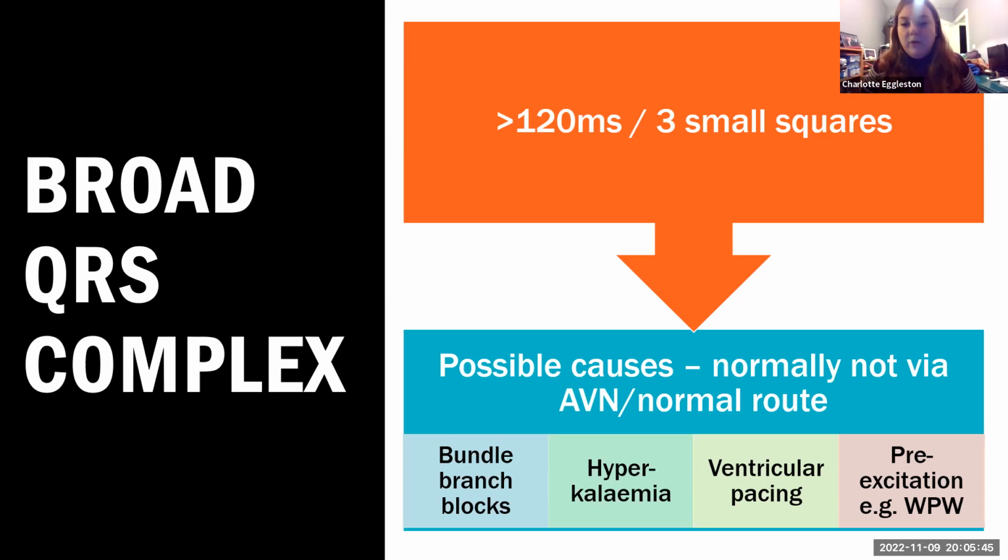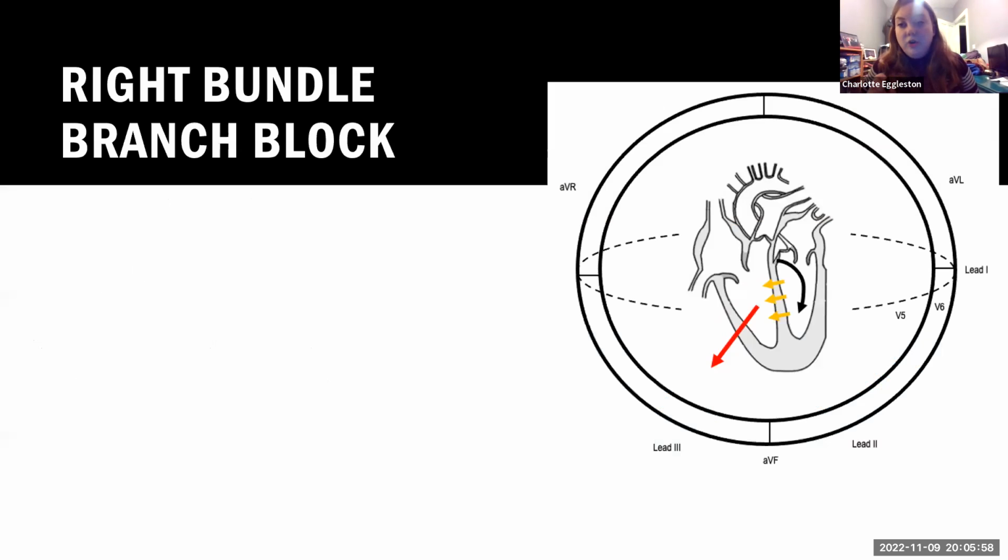We'll cover that again tomorrow. If you have a broad tachycardia, it's ventricular tachycardia until proven otherwise, or something like hyperkalemia, which again we'll cover tomorrow. I'm going to talk through right bundle branch blocks, but I'm going to try and show a video, depending on how well that works, because I think watching them draw it out makes a lot more sense than me talking about it.